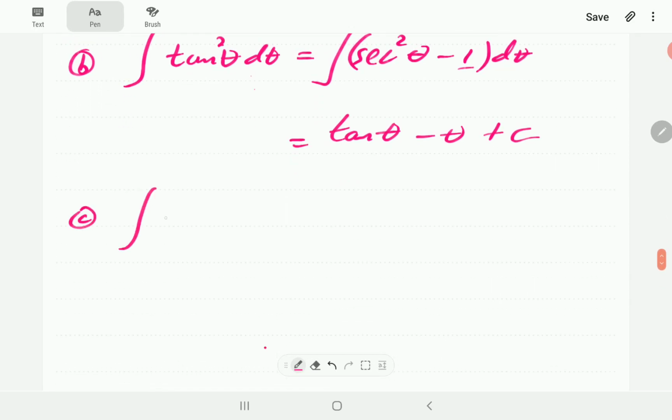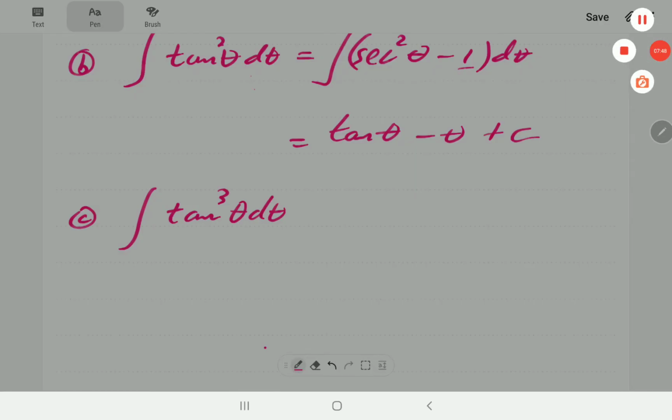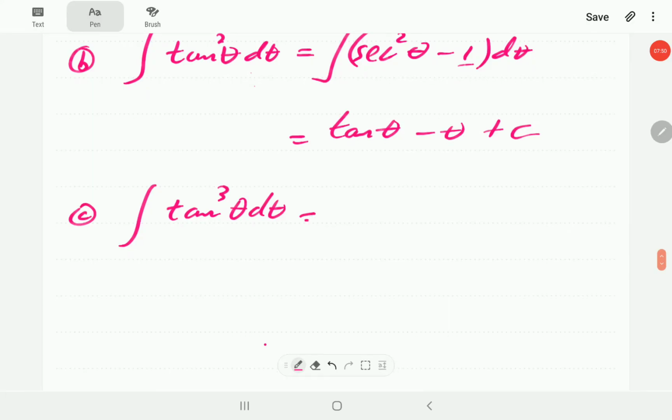In C we have got the integral of tangent theta cubed. Okay, so this one we're going to split it into two. We're going to write it as tangent theta times tangent squared theta.